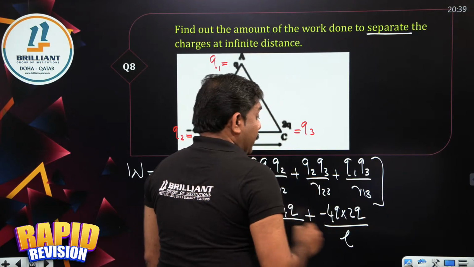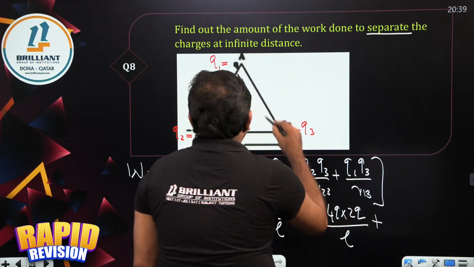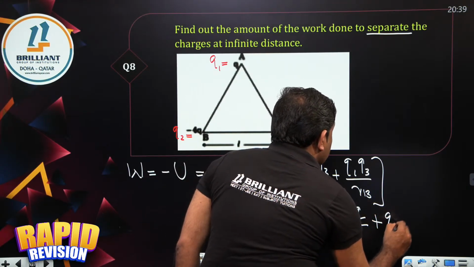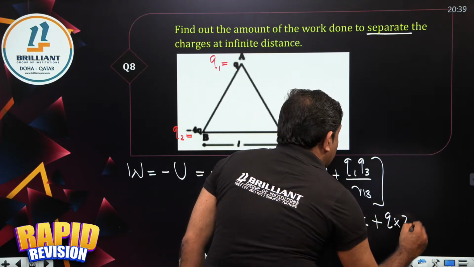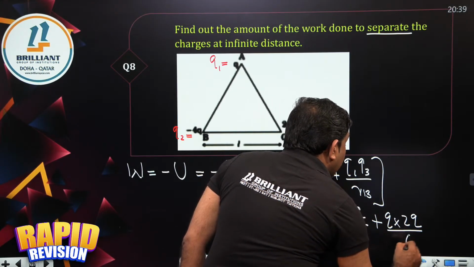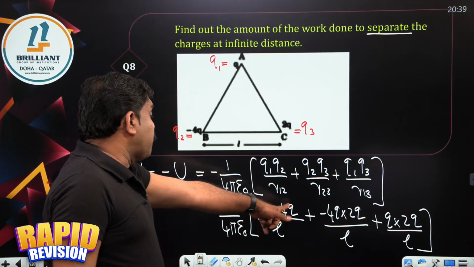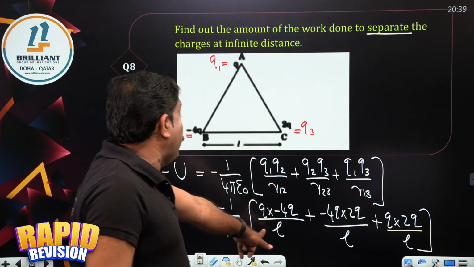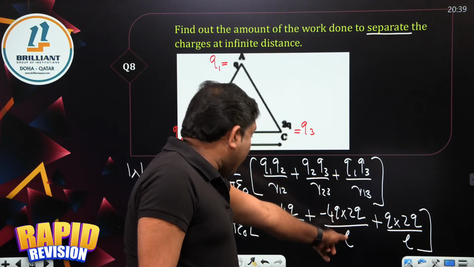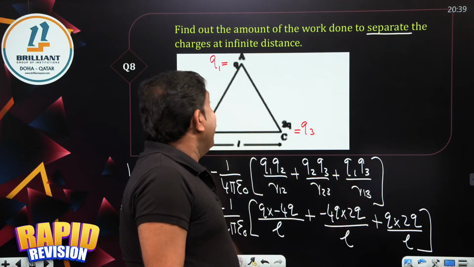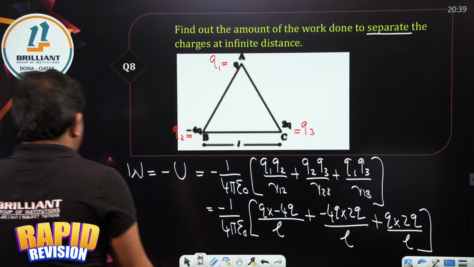R23 is L, plus Q1 is Q and Q3 is 2Q, divided by L. So here Q into minus 4Q is minus 4Q square by L, here minus 8Q square by L, and 2Q square by L is there.